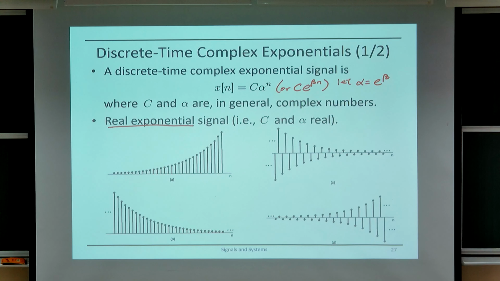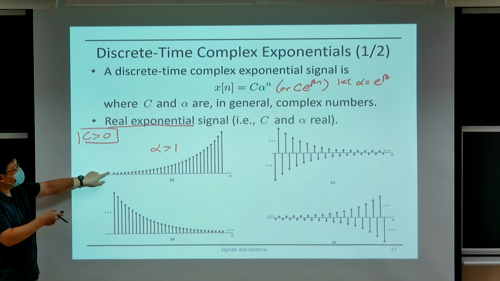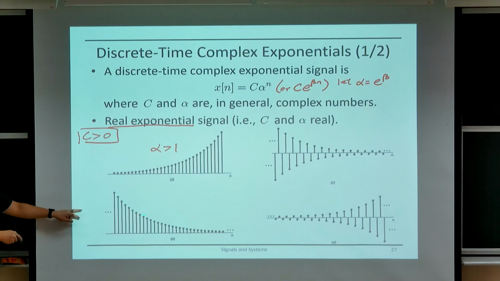Here we have a real exponential assuming c greater than 0. If alpha is greater than 1, then as n increases, this signal will blow up exponentially. If alpha is between 0 and 1, then as n increases, this will decay.